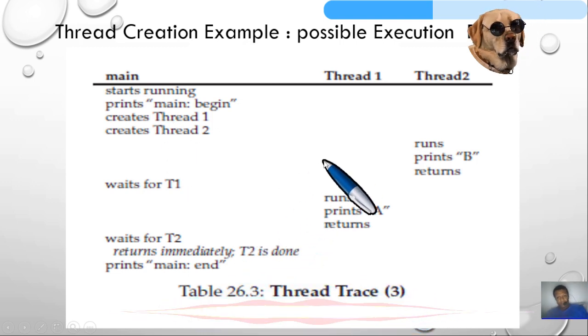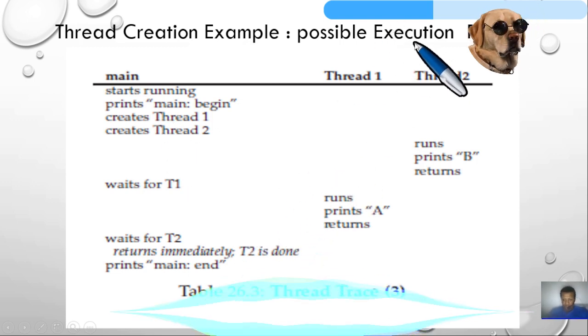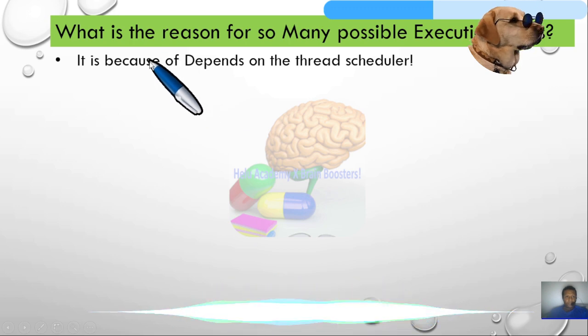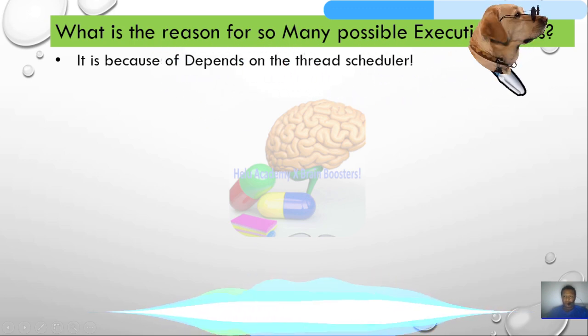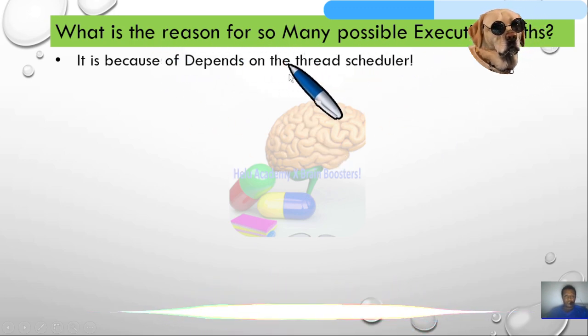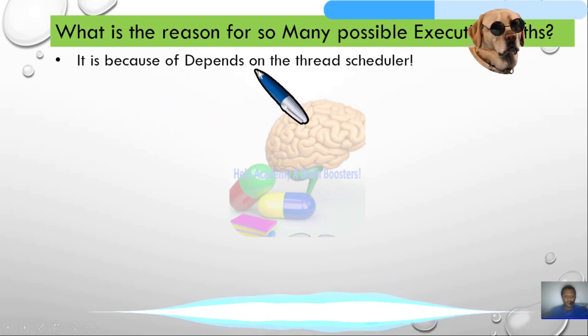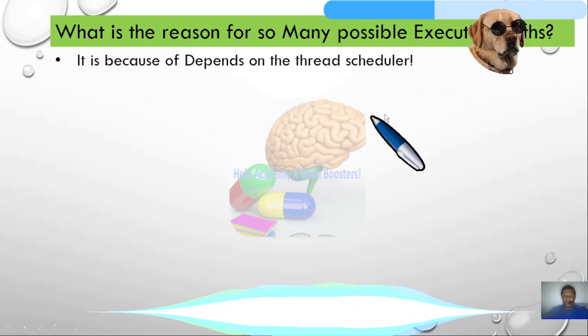This will be the third possible execution. So what is the reason for so many possible execution paths? It is only the scheduler. It depends on the thread scheduler.